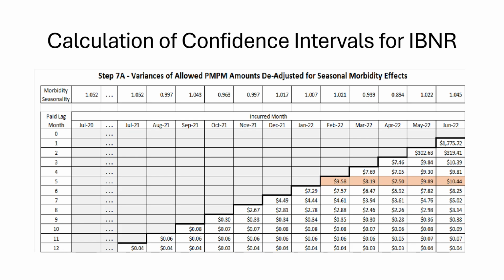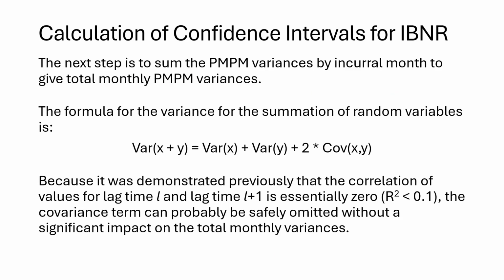The next step is to sum the PMPM variances by incurral month to give total monthly PMPM variances. The formula for the variance of the summation of random variables is variance of x plus y equals variance of x plus variance of y plus 2 times the covariance of x and y.